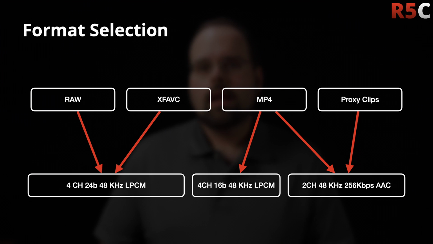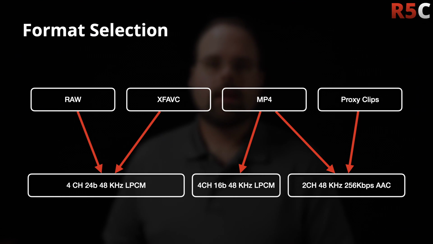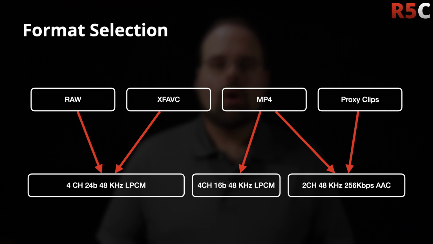If you're shooting in MP4 for your primary format, you have a choice. You can either record 4-channel, 16-bit, 48 kilohertz LPCM audio, or 2-channel 48 kilohertz AAC audio that targets a bitrate of 256 kilobits per second. So you have a choice in that. We'll talk about setting this in the next video.